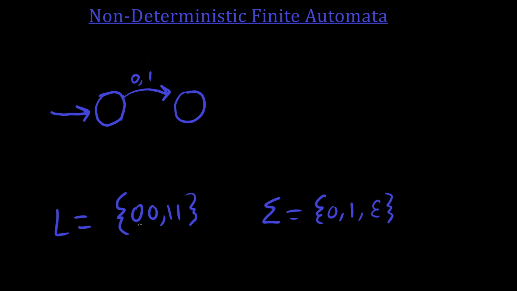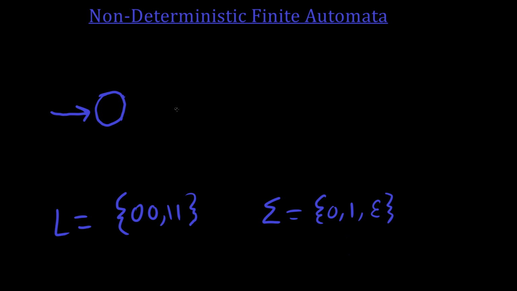So essentially, whether or not we accept the string from this point depends on what the previous path was. It depends on whether we took this 0 path or this 1 path. So what I would recommend is splitting these paths into two separate paths in our NFA so that we're keeping track of what the previous character we read in was. So let's go ahead and do that.